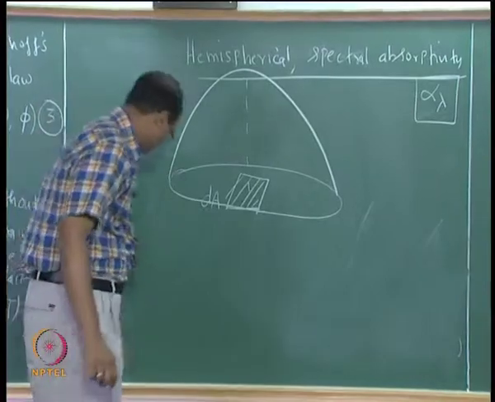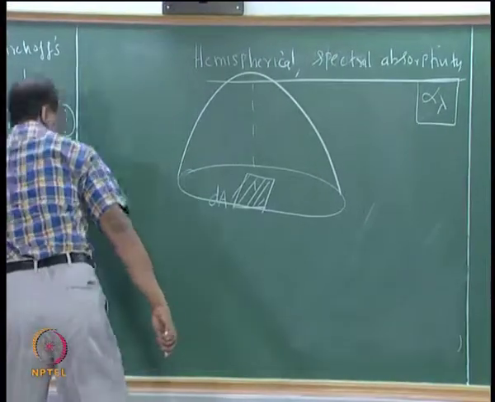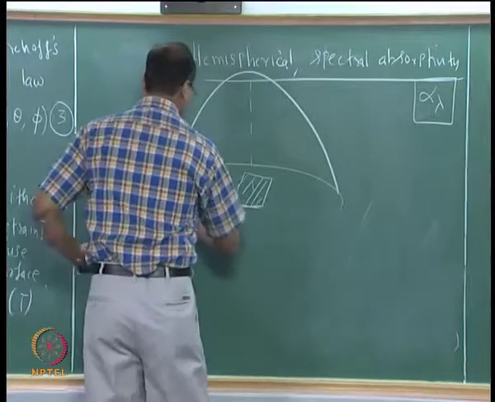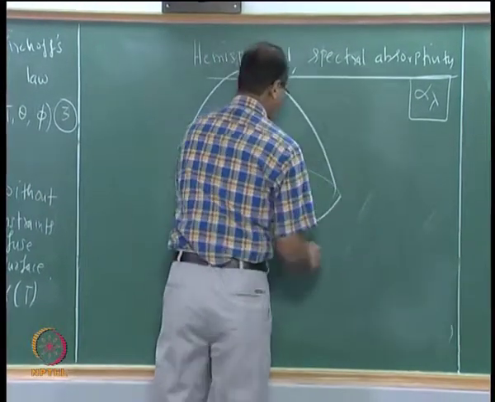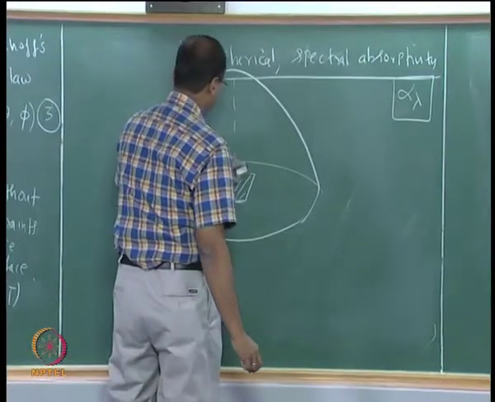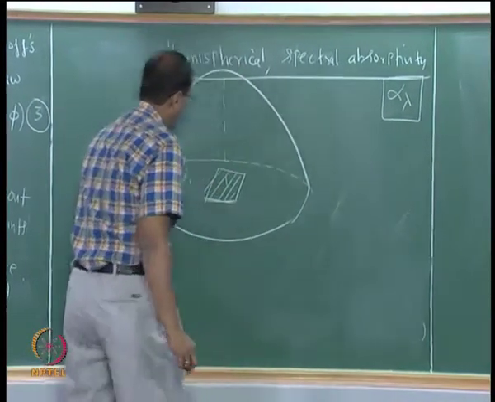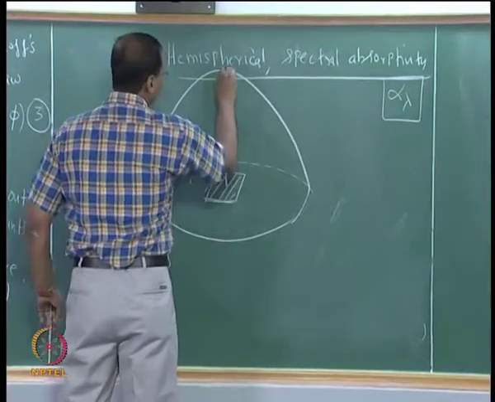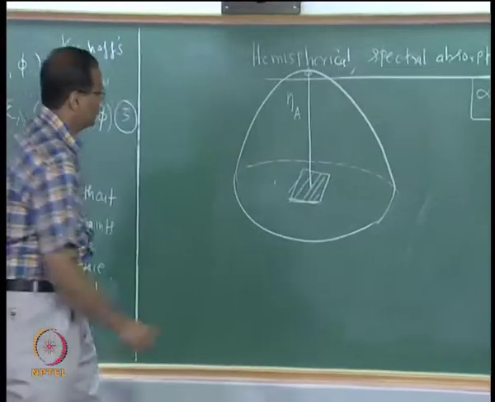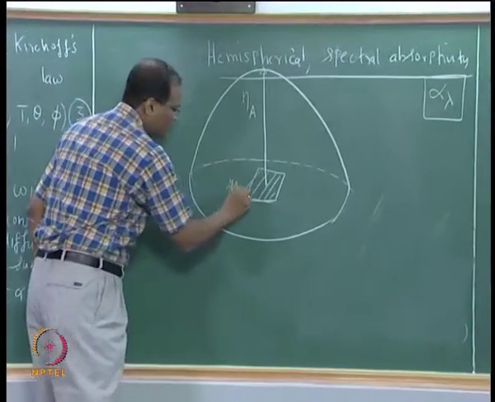So this is a unit vector. So there is an elemental surface dA.